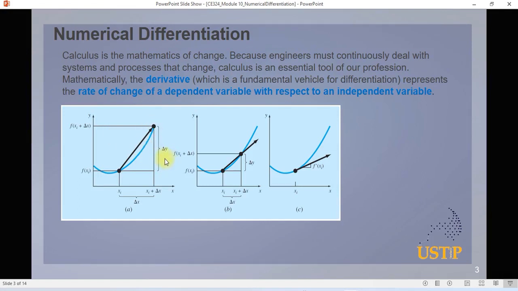As I said earlier, delta y over delta x, as delta x approaches 0, is equal to the derivative. So this whole representation, the slope between these two points, could be an approximation for the derivative. As I discussed in the first meeting, a numerical solution is a method of approximation, right? So in numerical differentiation, you just approximate the value of the slope.